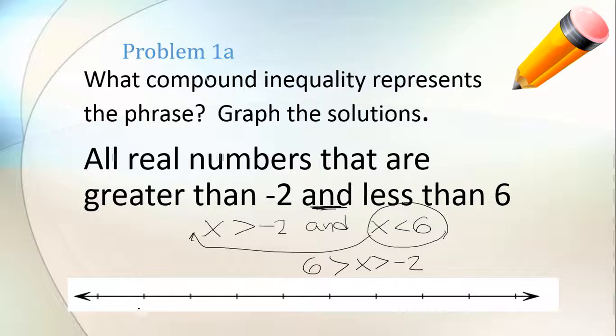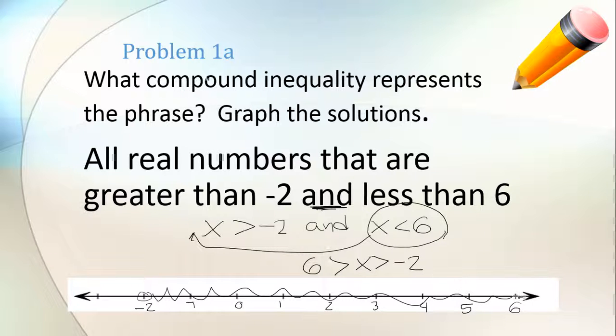Now let's graph this. So we had -2, -1, 0, 1, 2, 3, 4, 5, and 6. So they say x needs to be greater than -2. So I'm going to have an open dot at -2. And then greater than. So I'm going to shade in this general direction. And then they say x needs to be less than 6.